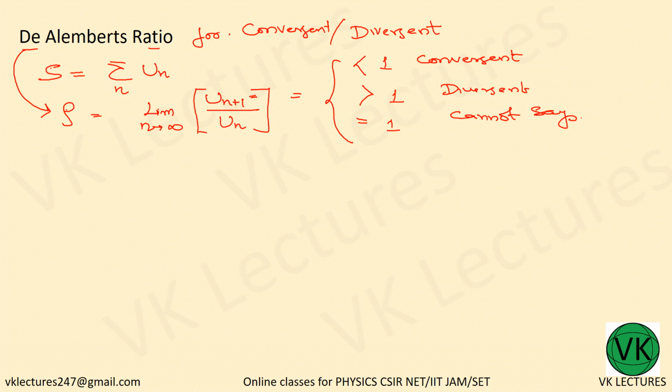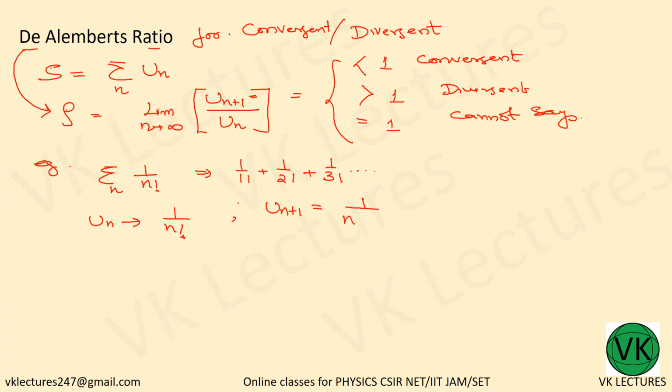Now let us take an example. For example, sum over n 1 by n factorial. So how it will be? 1 by 1 factorial plus 1 by 2 factorial plus 1 by 3 factorial, it goes on, right? So nth term will be equal to 1 divided by n factorial, and un plus 1th term will be equal to 1 divided by (n plus 1) factorial.